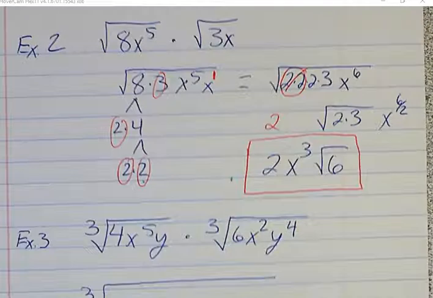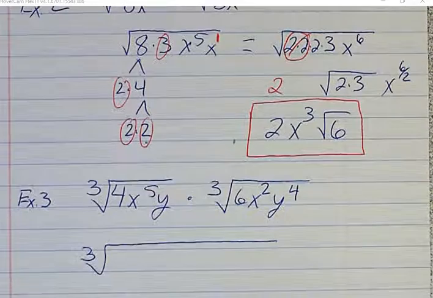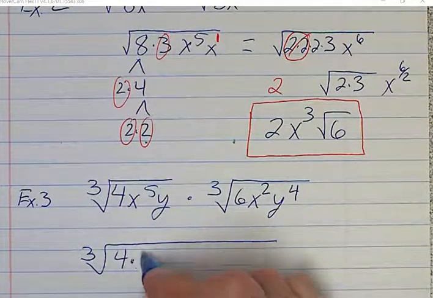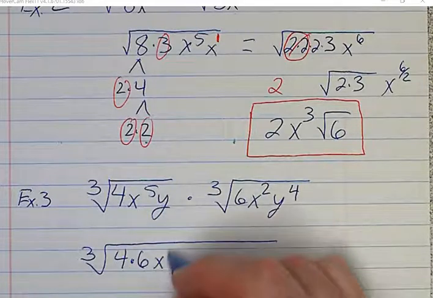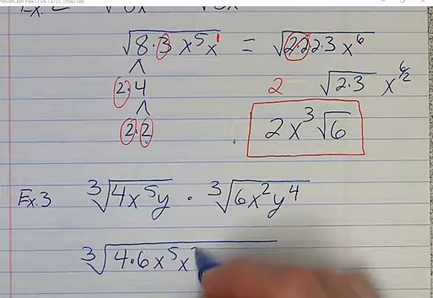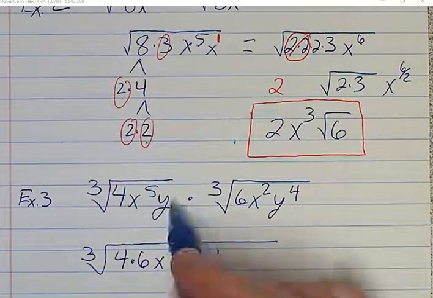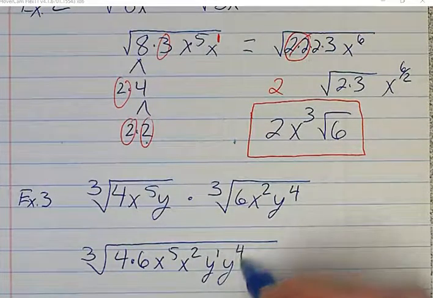Okay, so under 2 separate roots, let's go back and put it so it's under 1 big root. The first thing is we got 4 times 6. We've got x to the 5th and x to the 2nd. We've got y to the, and again, I'd go ahead and put y to the 1st from this one, and y to the 4th.